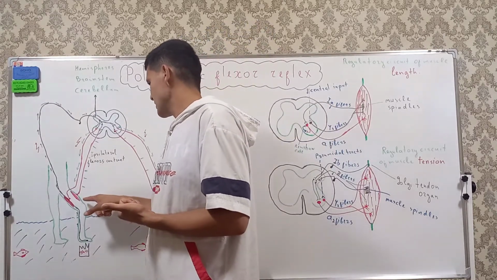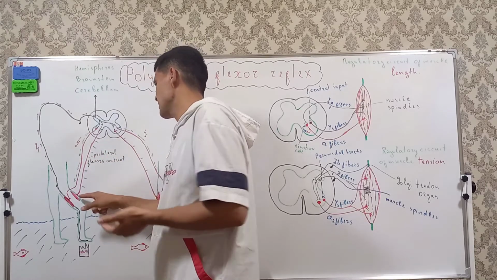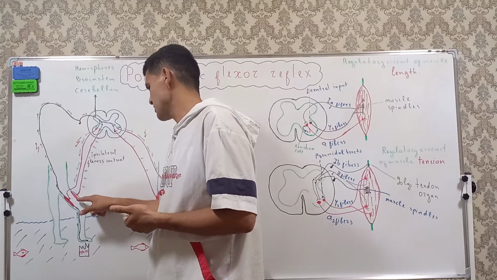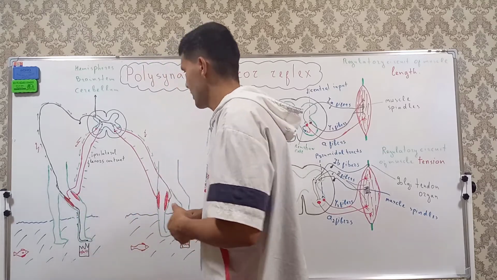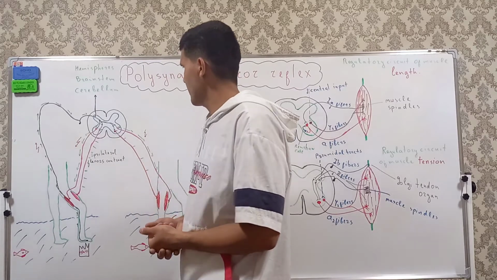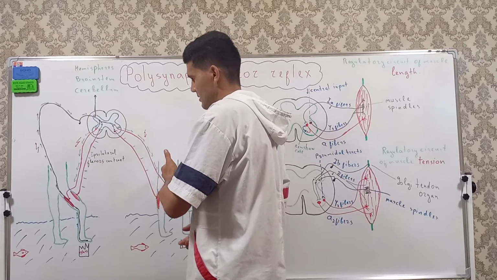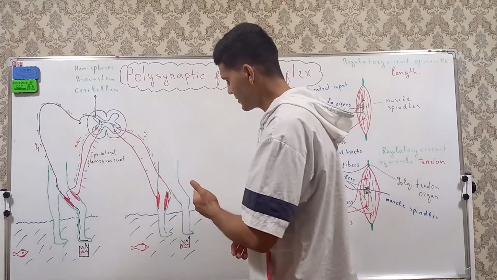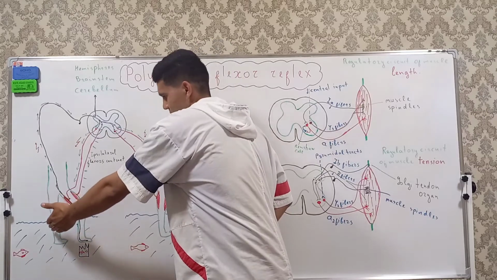And without inhibiting the extensors, we couldn't contract the flexors. Okay, there is some kind of planned action. The second one is the contralateral side of this leg, that's the left leg and that's the right leg.